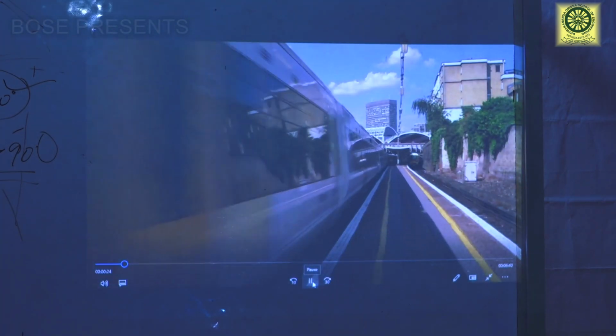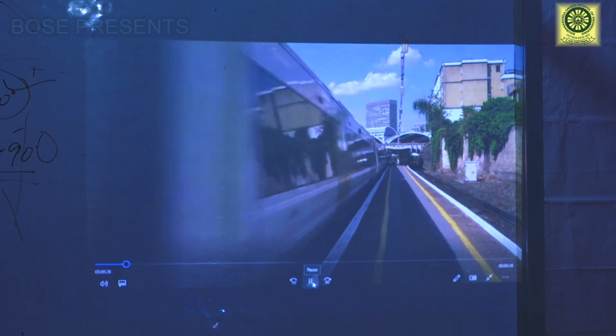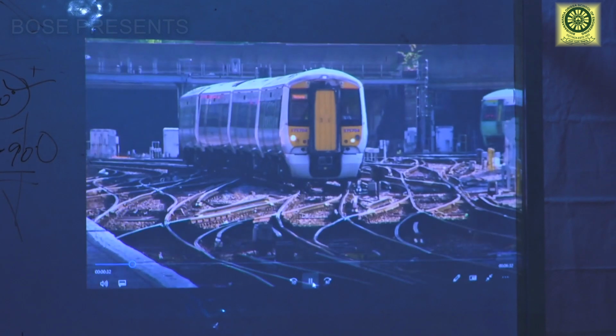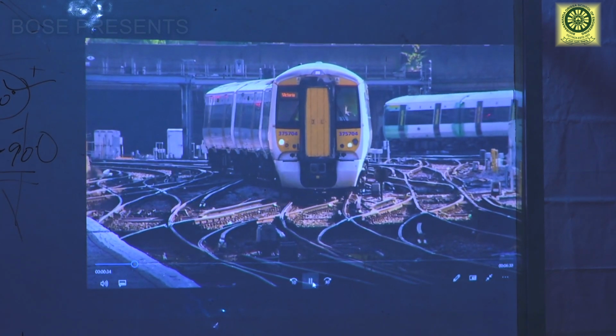Switches and crossings play an essential role in connecting the rail network. We use them to guide trains from one track to another and to enable lines to cross paths.